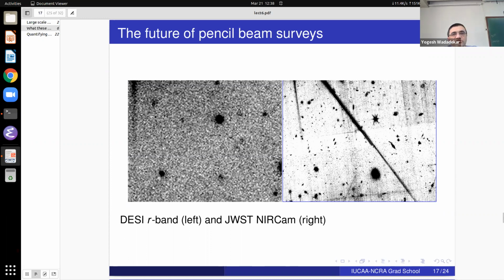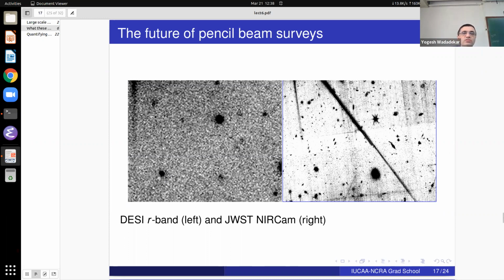For example, this star is this one. This one is actually this one. It's quite faint, but this one is this one, and this one is the one over here, and so on. So you see about 10 objects on the left-hand side DESI image. These are all galaxies, except this one, which is probably a star.